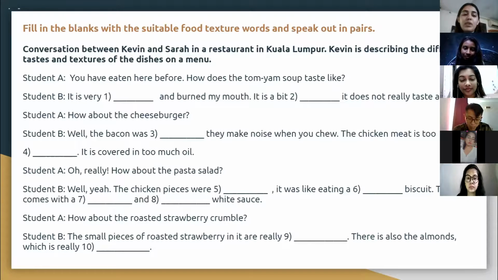You all know the meaning already by now. Okay, 1 more minute, guys. How do you feel about roasted strawberry crumble? What does it say about that? It is very simple because you already know the meaning.